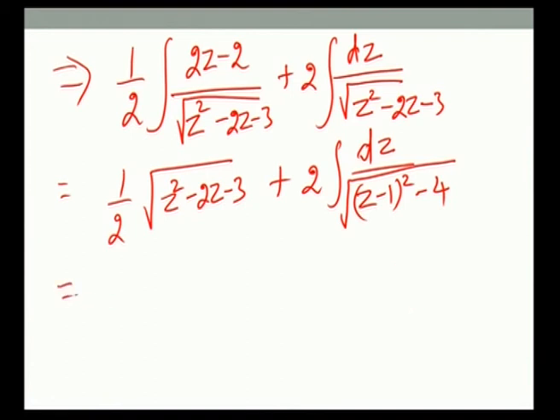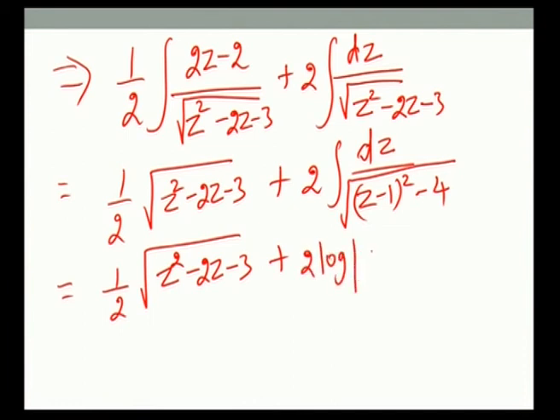Further simplification of the above step gives 1 by 2 into square root of z square minus 2z minus 3 plus 2 into log of (z minus 1 plus square root of z square minus 2z minus 3) plus c. So this is the value.